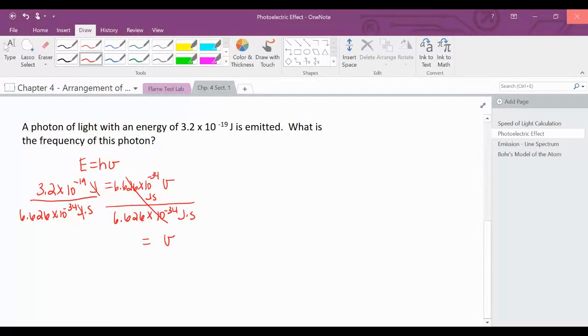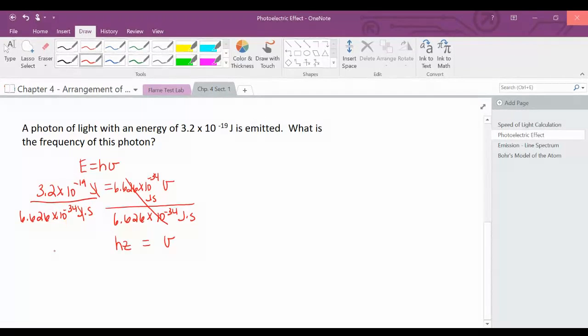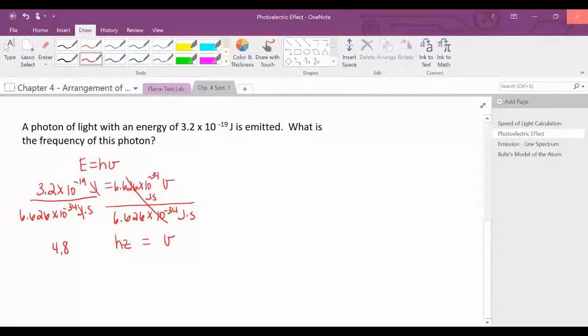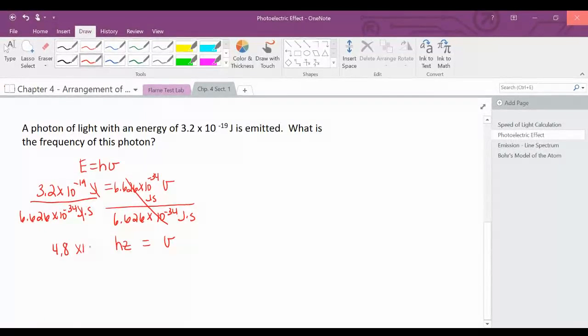So again, we're left with units of 1 over seconds, which is the hertz. Okay, so we're going to plug into our calculator. And it looks like the energy we were given has the fewest number of significant figures, which is 2. So we're going to get 4.8 times 10 to the 14th hertz as my final answer.